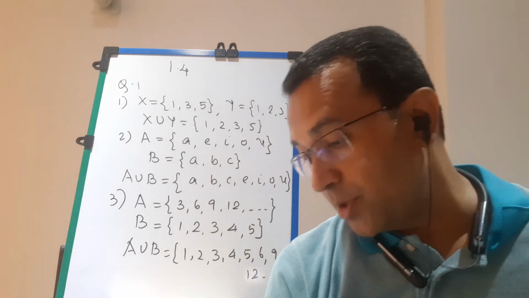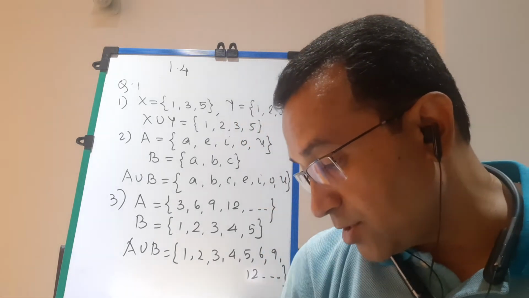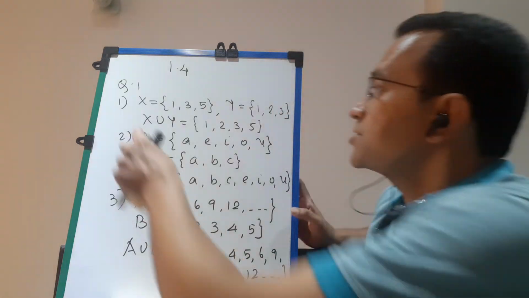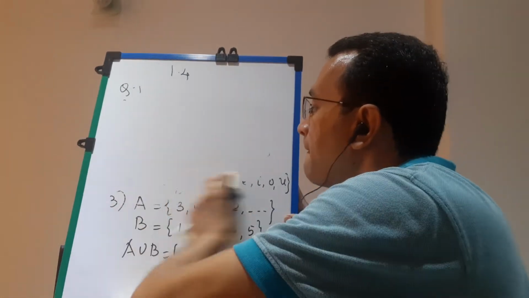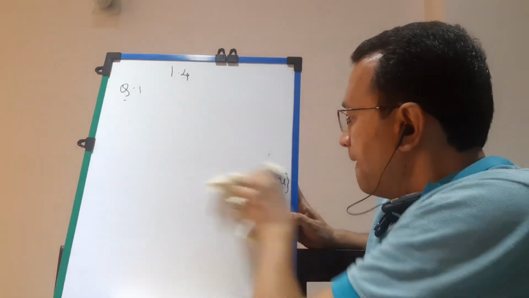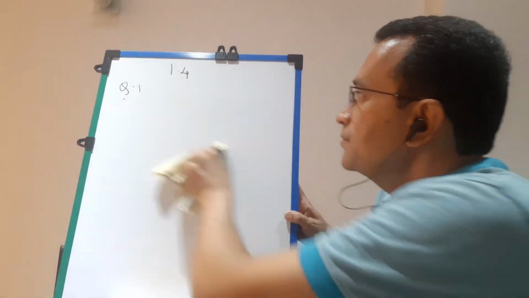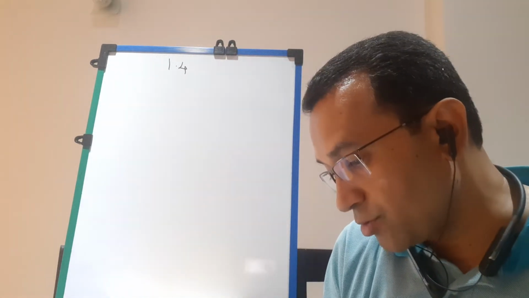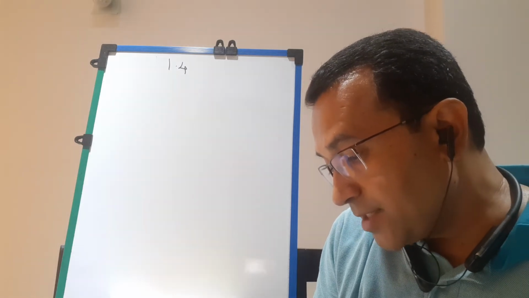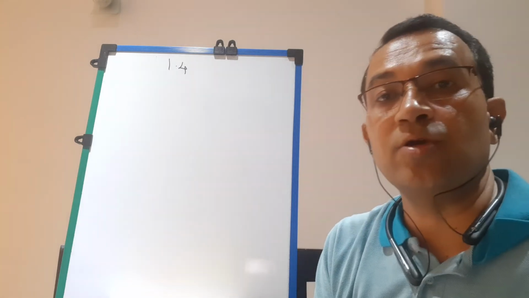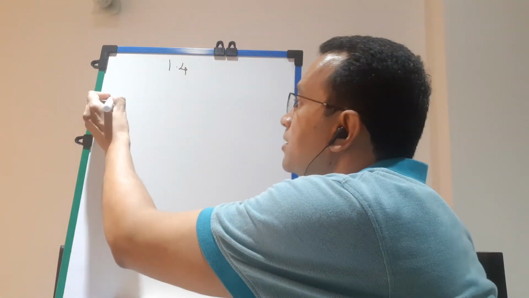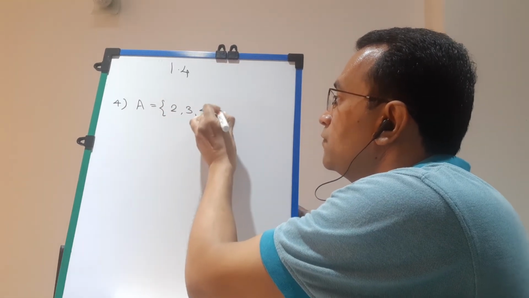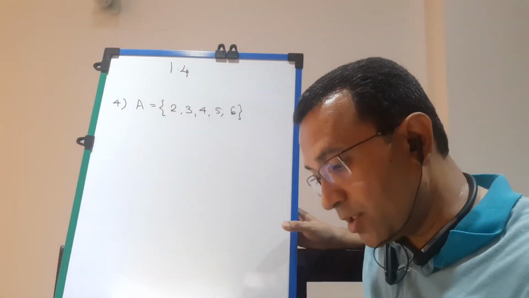Okay students, question number 4. A is equal to x such that x is a natural number and 1 less than x less than or equal to 6. Okay, now all of you concentrate students. So if I operate the fourth part, set A consists of 2, 3, 4, 5 and 6. 1 is not included.